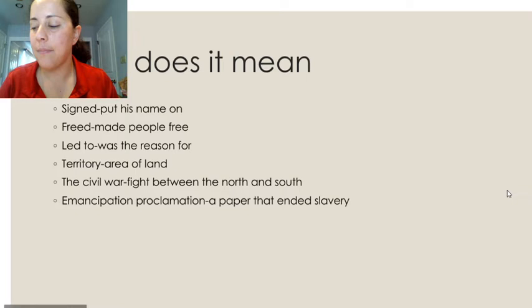Number 3, the Emancipation Proclamation freed the slaves. Yes, it did. It was a paper signed by Abraham Lincoln that freed the slaves, ended slavery.